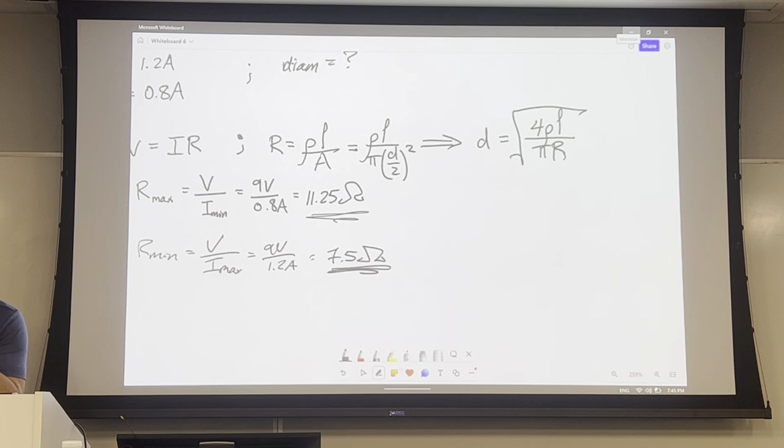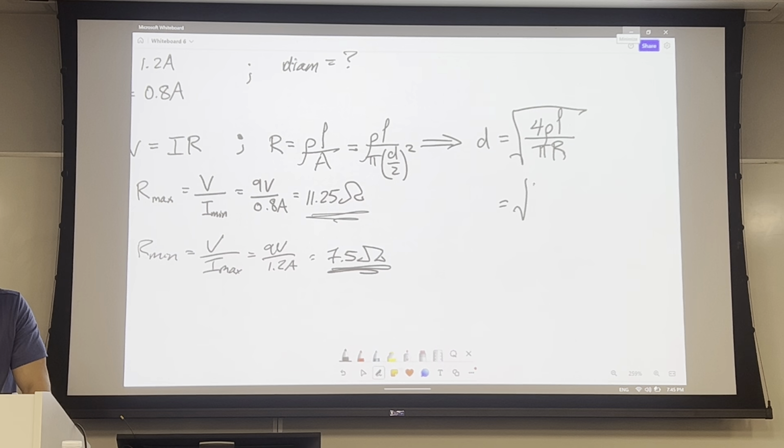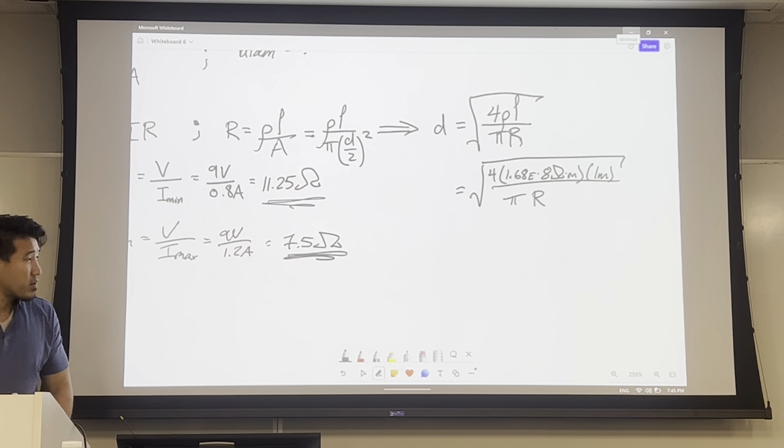That is the square root of 4 times, I gave you the resistivity, 1.68 times 10 to the negative 8 ohm meter, times the length, which is 1 meter, divided by pi, divided by our resistance value.